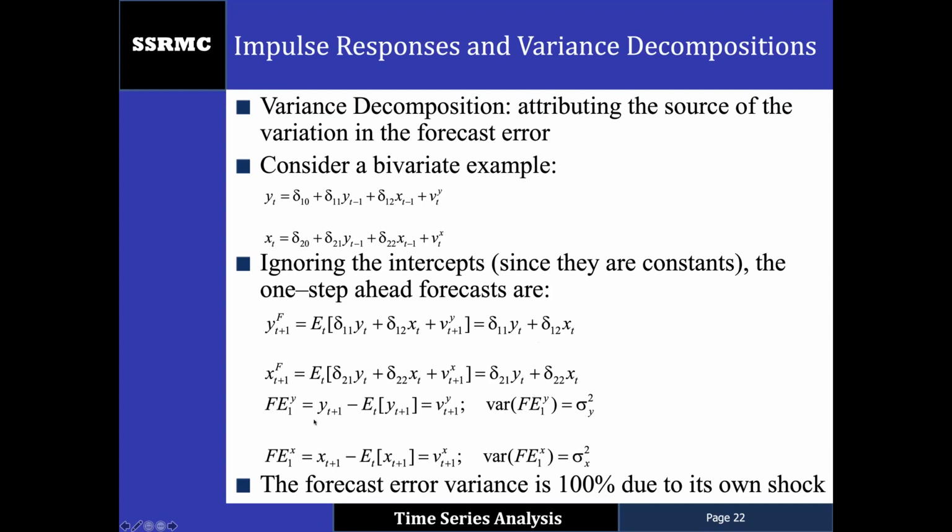Then using the same strategy, we can calculate the forecast error. FE here stands for forecast error. Then we check the variance of those forecast errors, and the first one is sigma y squared, and for x, that's sigma x squared. So once again, the forecast error variance is 100% due to its own shock in the first period.